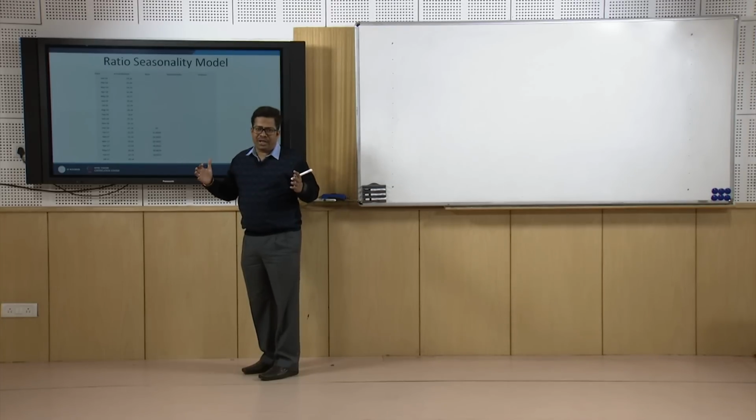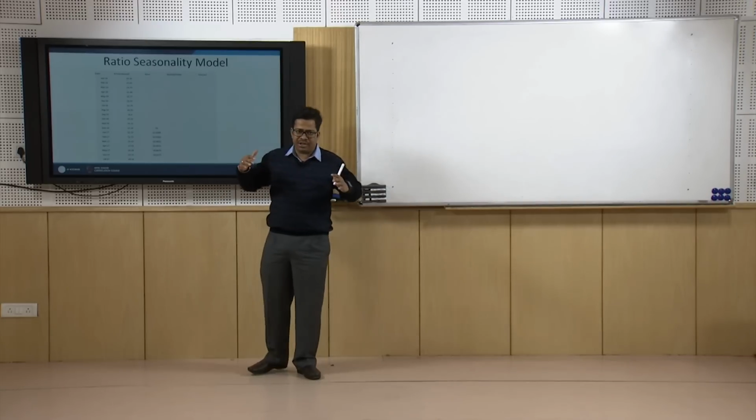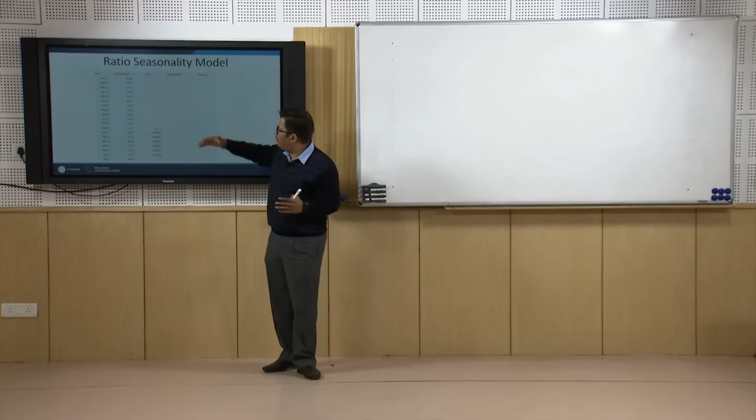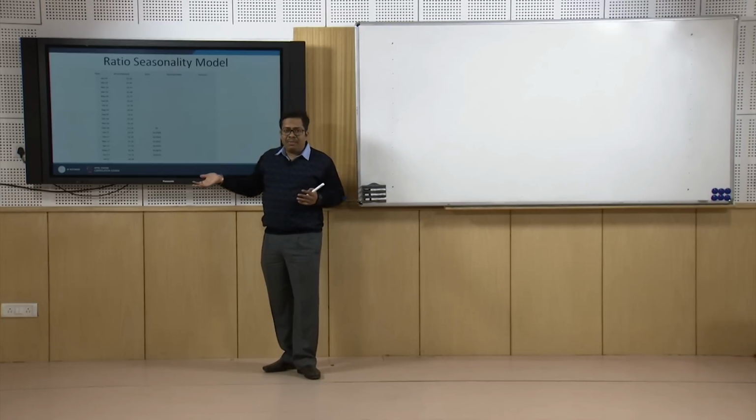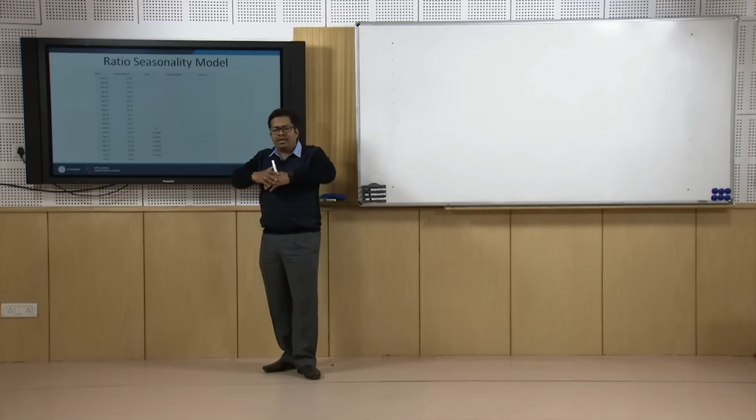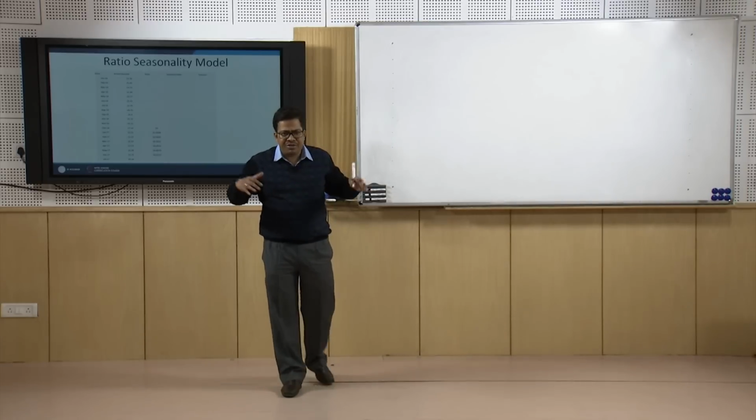In an appropriate forecasting model, we should have a fluctuating kind of situation. Sometimes I may over forecast, sometimes I may under forecast, so that the net result, like the concept of average error, should be on the zero side.